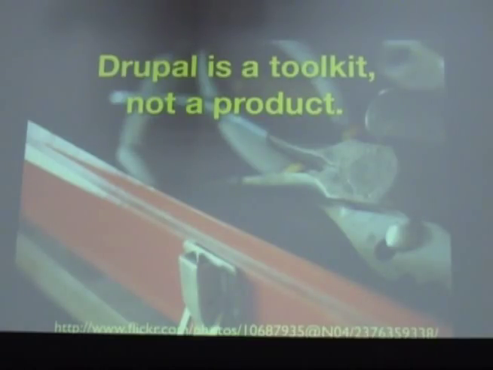You could make a, insert name of some sort of web technology here, and you could manage it with Drupal. So it's very abstracted in that way, and tries to be all things to all people. But at the same time, by doing that, it becomes nothing to any one individual person. You need to know what you want to do. You need to know what Drupal can do in order to be able to do that.